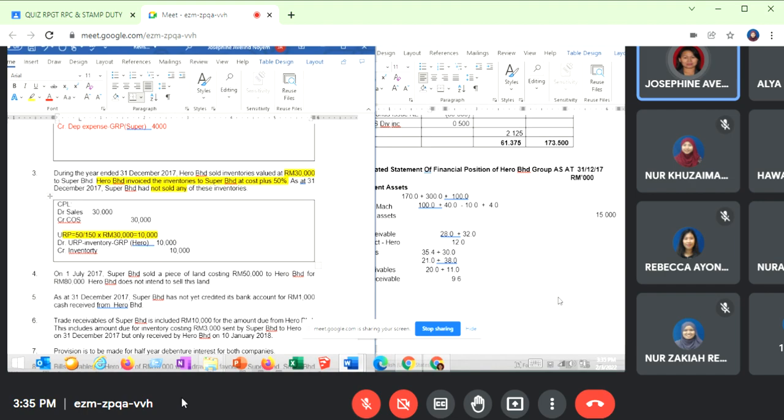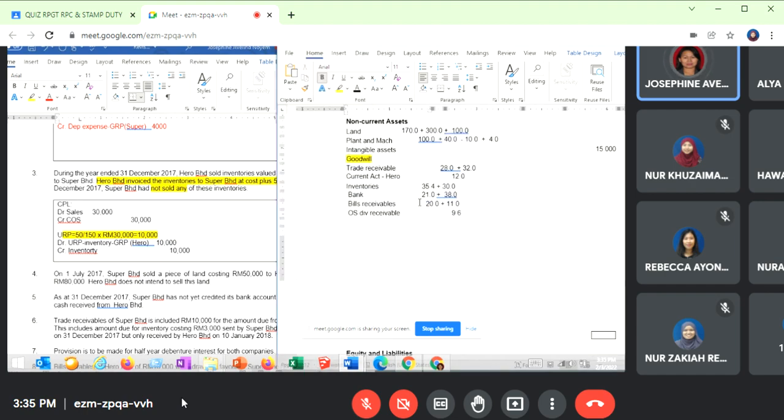So we go down here. You have the inventory here, which you've already added. And now we put in the adjustment. You are going to credit the inventory 10, so you minus 10.